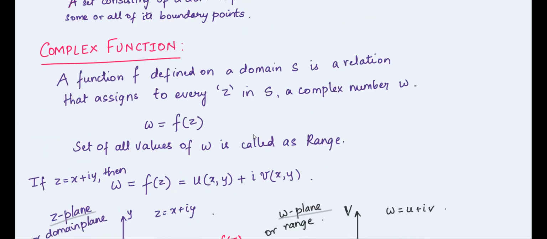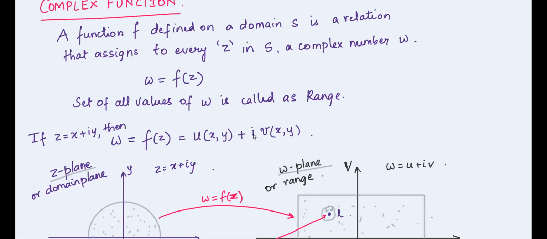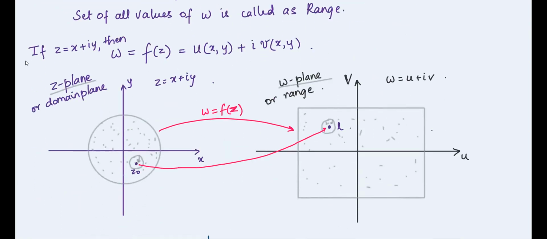Now, a complex function, we discussed that w is equal to f of z. z is a complex number x plus iy. And this function is u of x comma y plus i times v of x comma y. So u and v are functions of x and y.